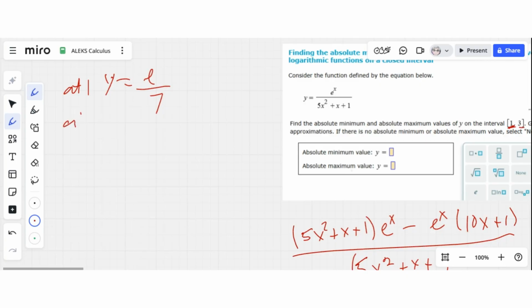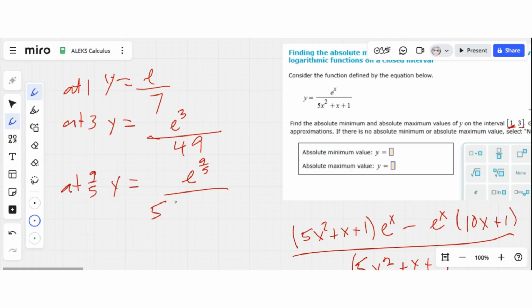Okay, let's try at 3. So at 3, we're going to have e to the third on the top, and then we're going to have 49 on the bottom. And at 9/5, this will be a little more annoying. We'll have e to the 9/5 on top, and that's going to be 5 times 9/5 squared, which is 81/25.